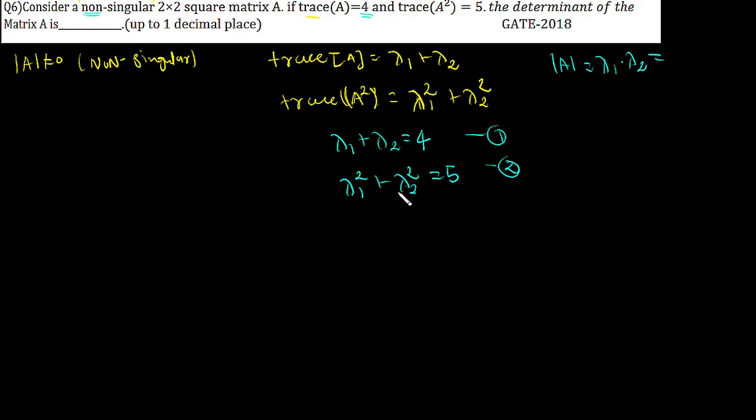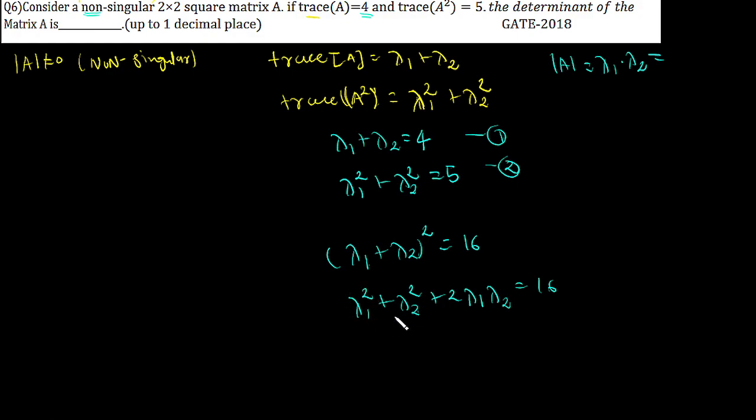But the easier process is that if I square the first equation on both sides, I will get lambda 1 plus lambda 2 whole square equal to 16. Now if I expand this bracket, I get lambda 1 square plus lambda 2 square plus 2 times lambda 1 lambda 2 equal to 16.